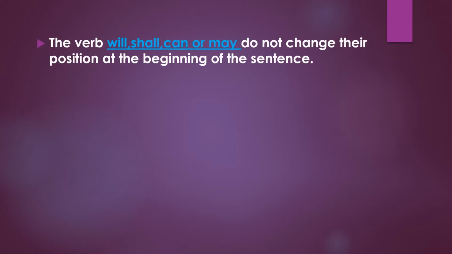The verbs will, shall, can or may do not change their position at the beginning of the sentence. So if active voice starts with these words, it does not change its position at the beginning of the sentence.